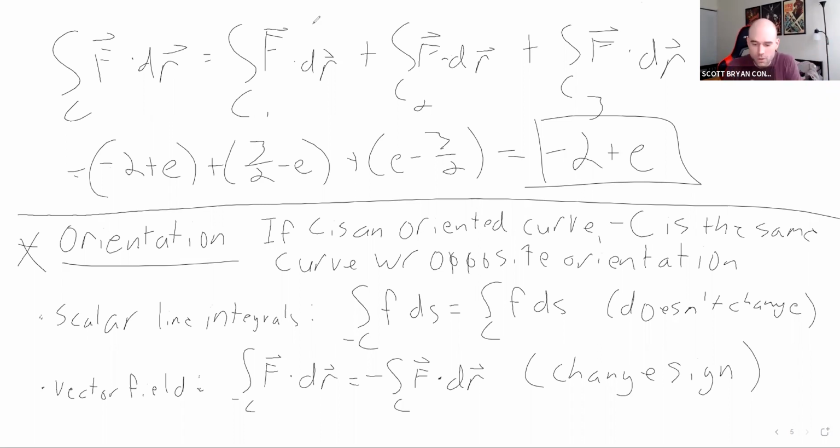And why is that? Well, remember, another way we can write these is f dot t ds. And remember, t is the unit tangent vector. What happens to the unit tangent vector when you change orientation?